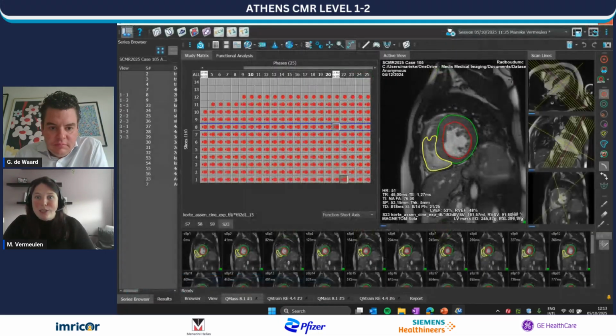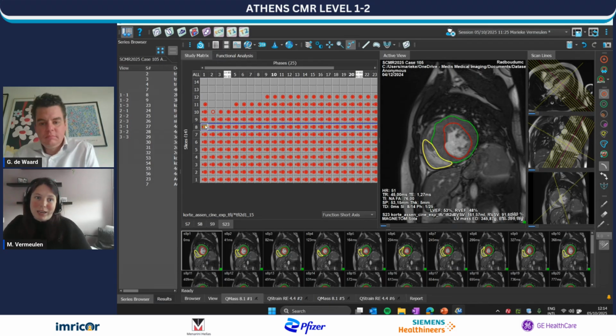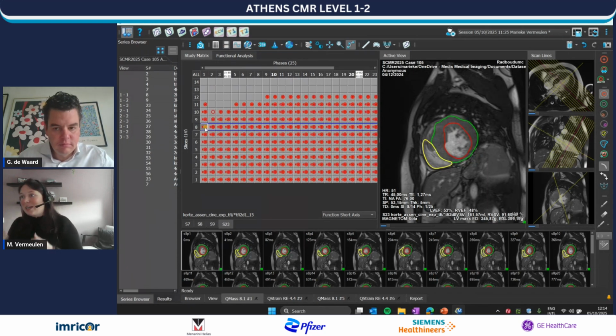Let me close this one and just go through an example. At Medis, we have several tools in which you can manually correct. The easiest one is just to bend the contours into the proper direction. As soon as you do some manual edits, you can see that over here as well, and all your manual edits are automatically taken into account in the quantifications as well.